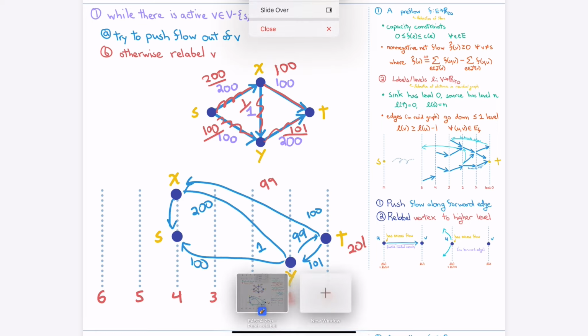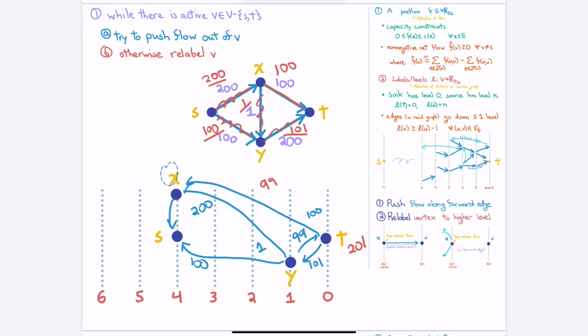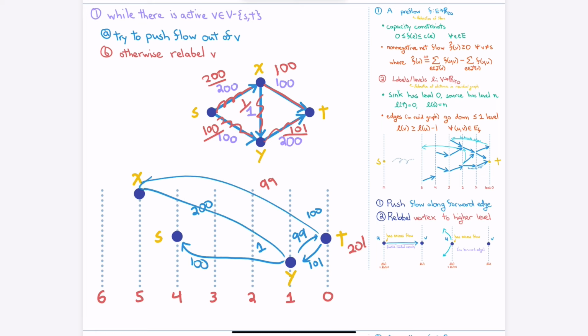Right? And then you promote X. You promote X again. Okay, so let me bring these numbers with us. Okay, so now what?